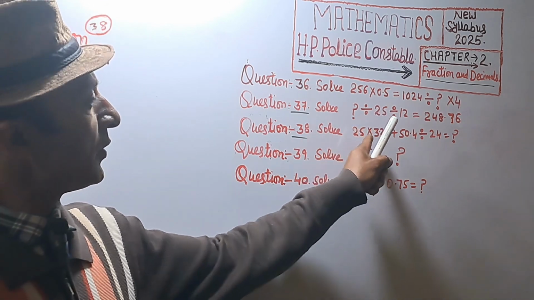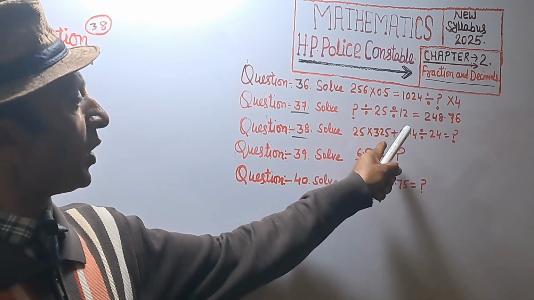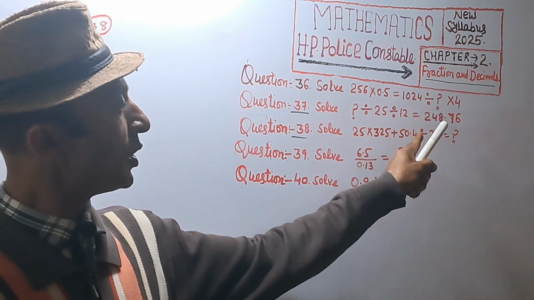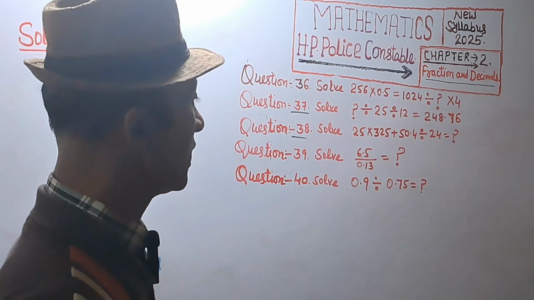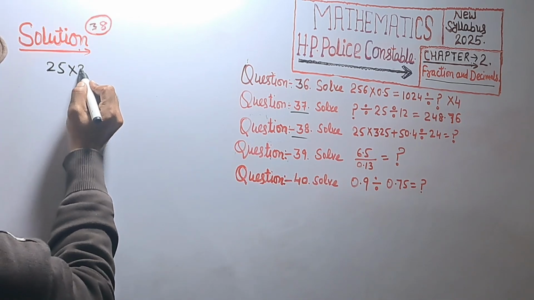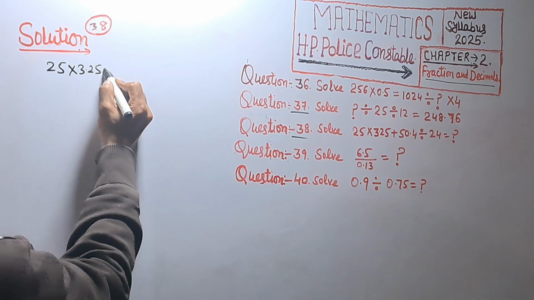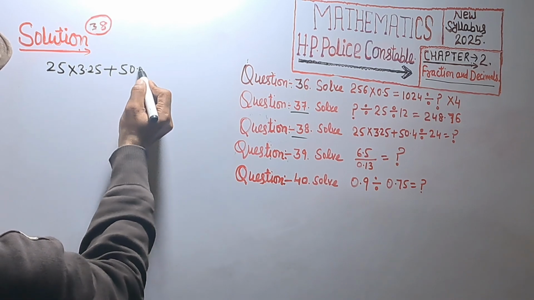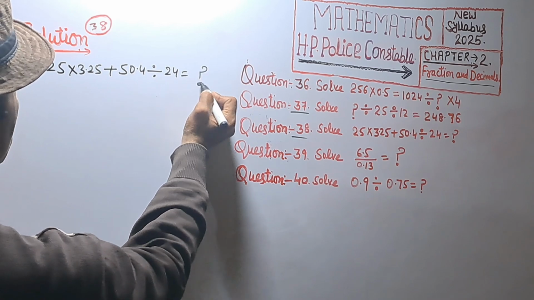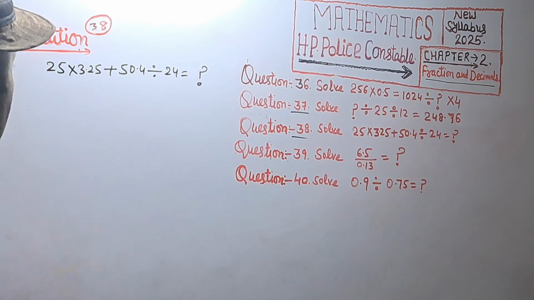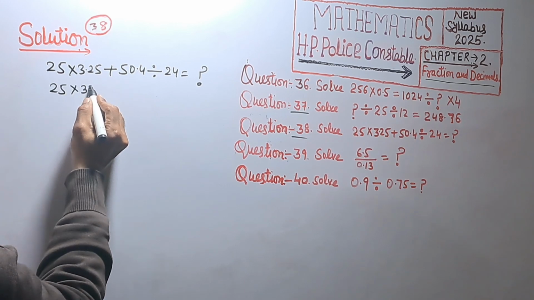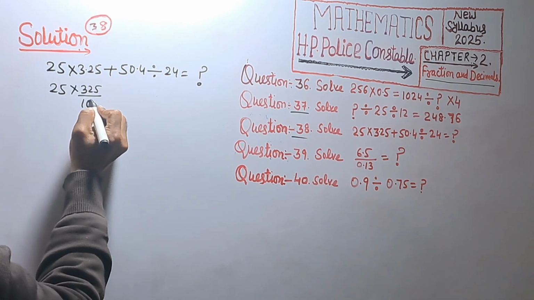Next question is 38. Solve 25 into 3.25 plus 50.4 divide 24 equal to sign of interrogation. Given question is 25 into 3.25 plus 50.4 divide 24 equal to sign of interrogation. Given question, and first 25 into 325 upon 100.